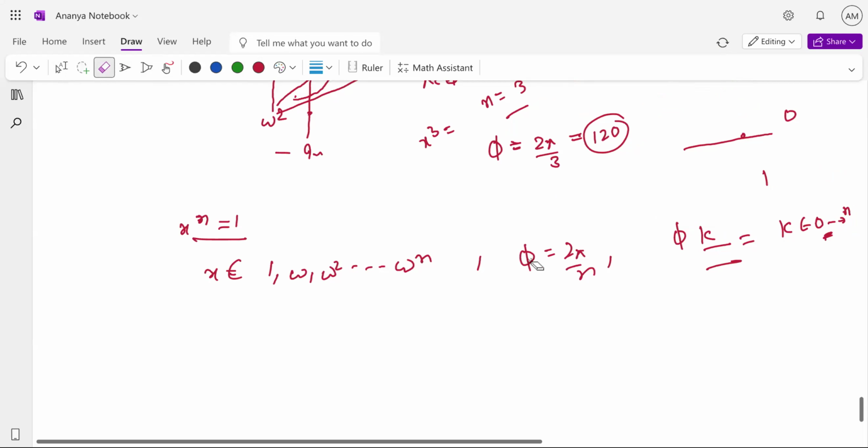So better, instead of doing this much long, I can directly write that whatever the angle is, it should be 2 pi k by n. Is it? Yes, sir.